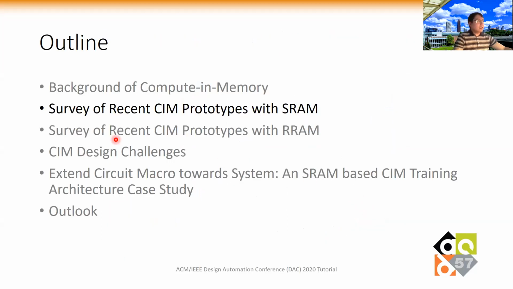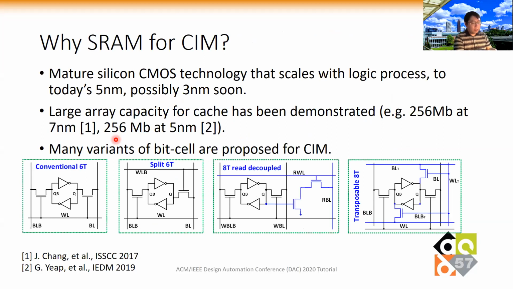And let's look at the recent prototypes with the SRAM first. So why SRAM for the computing memory? Because SRAM is mature silicon CMOS technology. It has been scaled to 5 nanometer today, and possibly 3 nanometer very soon.